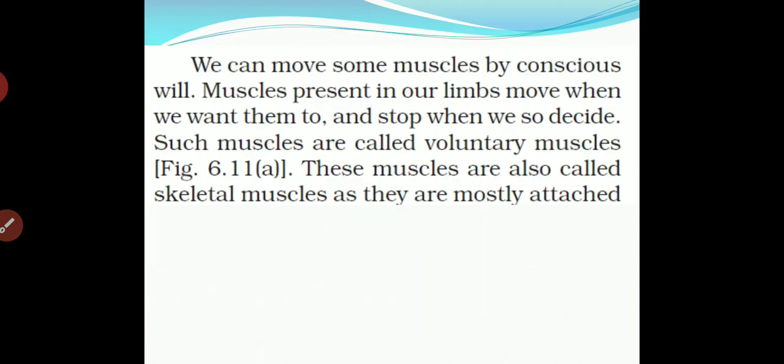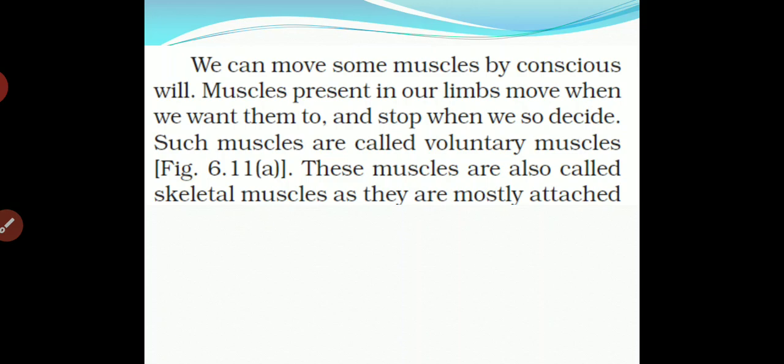We can move some muscles by conscious will, that is, voluntarily. Voluntarily means what? That we can move a particular muscle with the help of our consciousness, on our own.